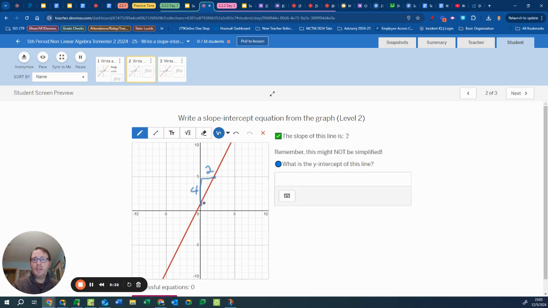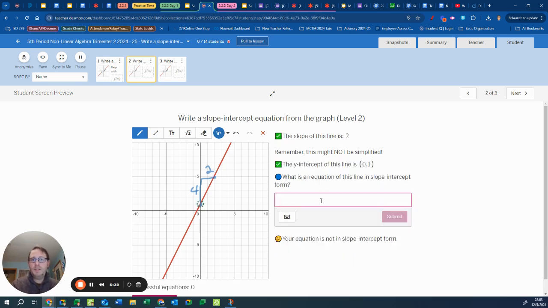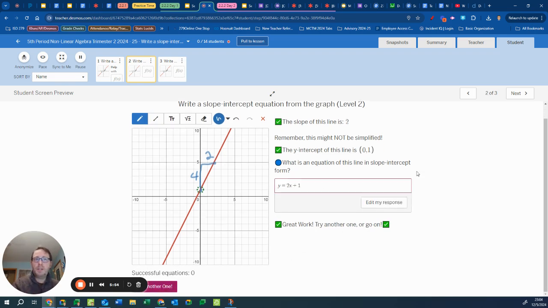What's my y-intercept? Ooh, looks like I already used that. Looks like 0, 1 to me. And then the equation. All right, so notice how it went from asking a whole bunch of questions to just asking the 2 most important questions. What's the slope? What's the y-intercept? What's the equation?